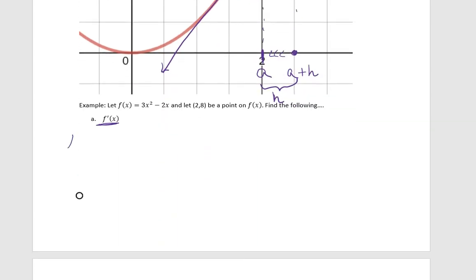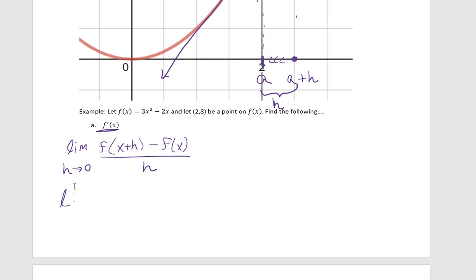So that's going to be the limit as h approaches 0 of f of x plus h minus f of x all divided by h. So when we plug this in for the x value, remember you're going to replace all the x's in your equation with that.